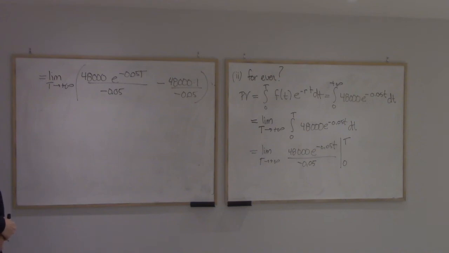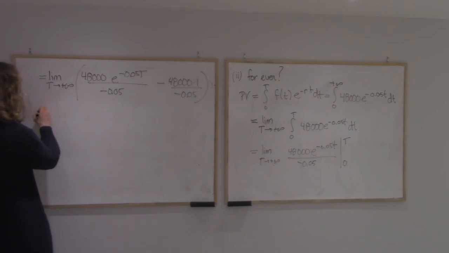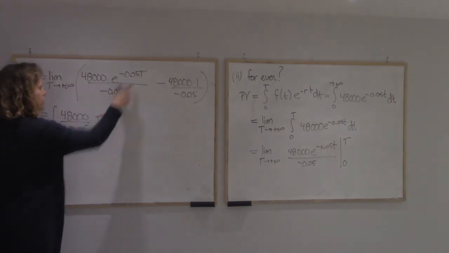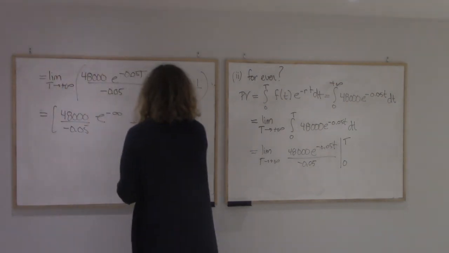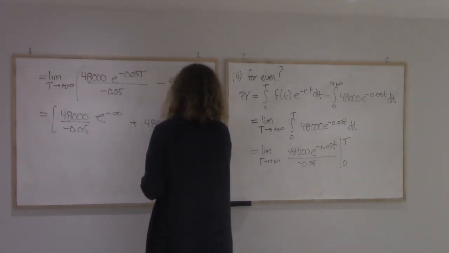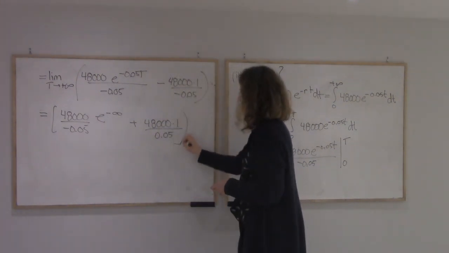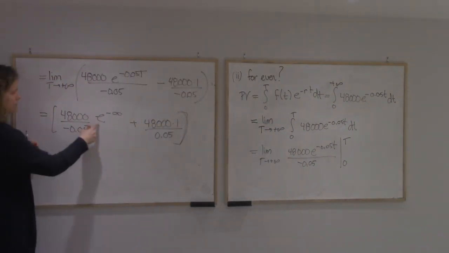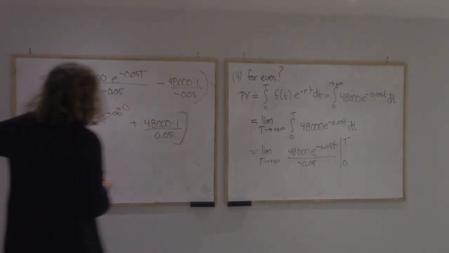All right, now this is a constant, so that part is easy. As T goes to infinity, that first bit, this is infinity, so I'll get e to the minus infinity. Now, remember your cheating brackets, e goes to 0 when you go this way.